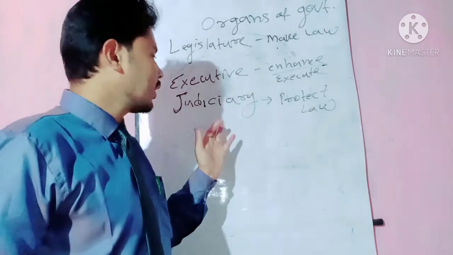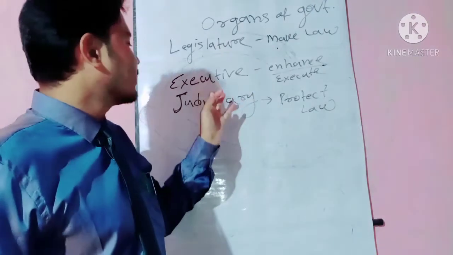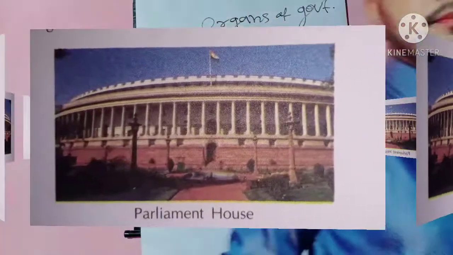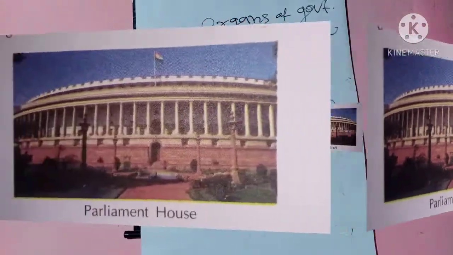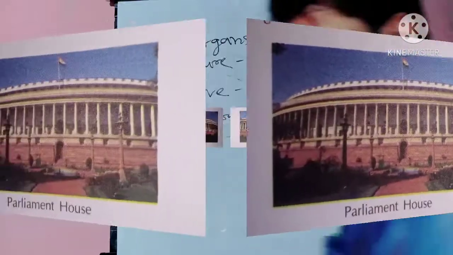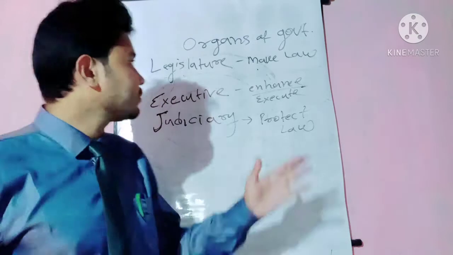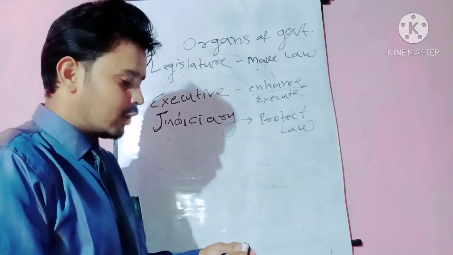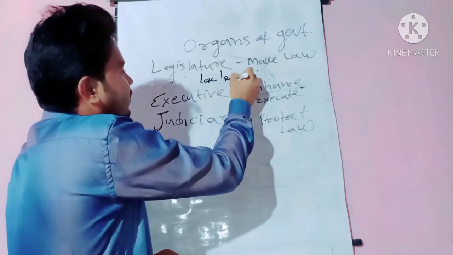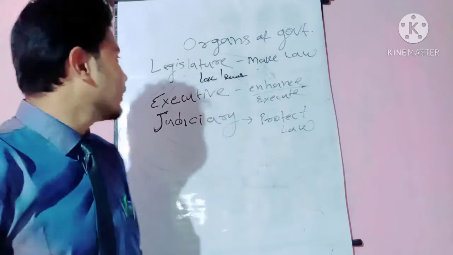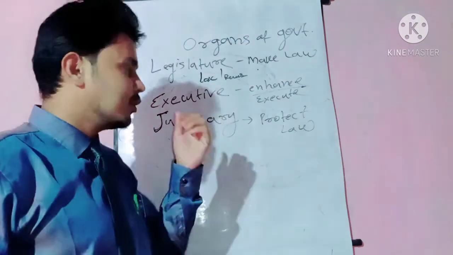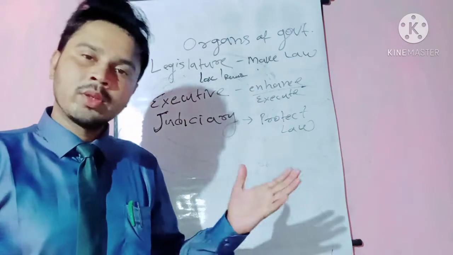At the state level also the executive, legislature, and judiciary are there in our system of government. In India, the legislature has two houses, the Lok Sabha and the Rajya Sabha. The executive is the president and the vice president, and the judiciary head of our country is the Supreme Court.